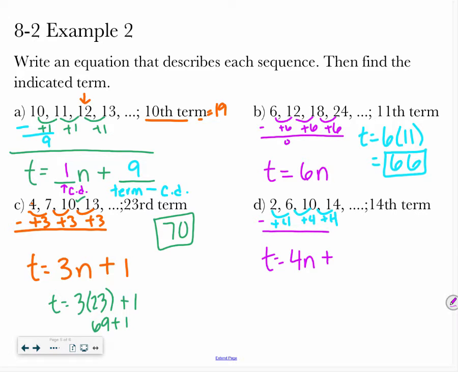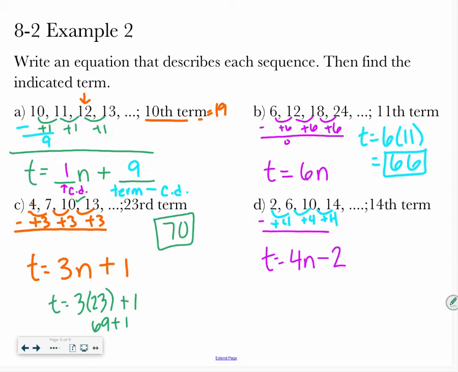So that, remember, plus, what's 2 minus 4? Negative 2. Do we have to do plus a negative 2? No, we can just write minus 2. That's the same thing. So instead of ending with a positive number, our common difference was bigger than our first term. So we know we're going to be subtracting 2 in this situation.